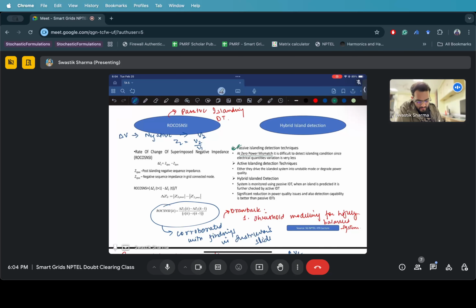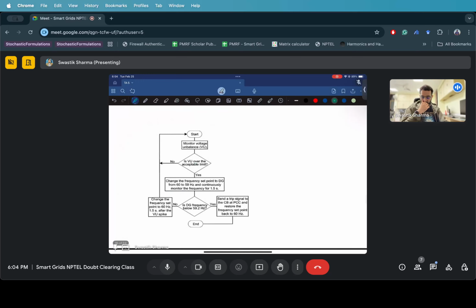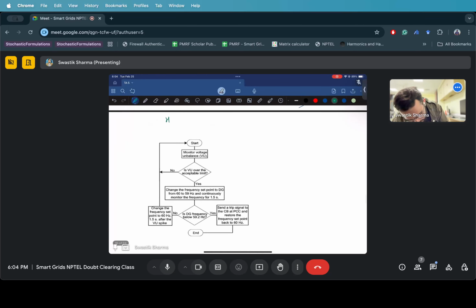Active islanding detection techniques drive the system into an unstable mode or degrade power quality. In hybrid IDTs, the system is monitored using passive IDT. When an island is predicted, it is further checked by active IDT. This can result in a significant reduction in power quality issues and better detection capabilities than passive IDT. So we have here discussed one such hybrid islanding detection technique.